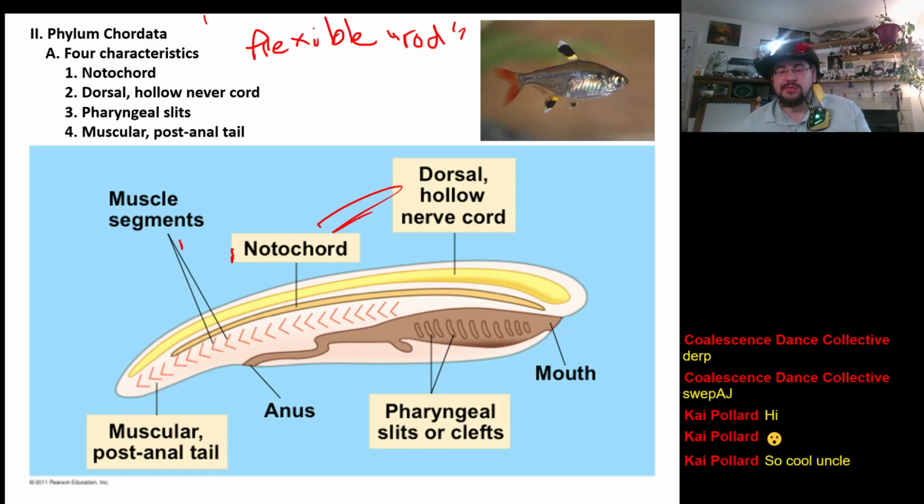It's long and it runs along the dorsal surface. So, runs along the dorsal body of the organism. Right? And with the notochord running along with it, we see a dorsal hollow nerve cord. The dorsal hollow nerve cord is a major feature of the chordates.